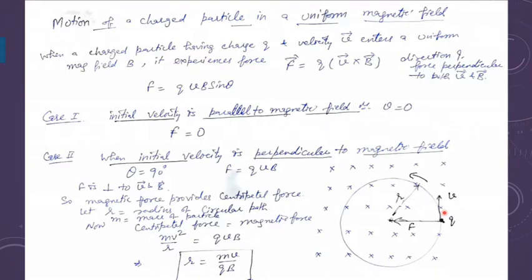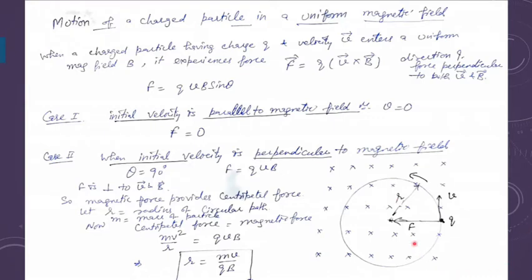So if you take the particle here and then it turns, again the force will come inward. The force will always be directed inward this way, and it is going to complete the circle like this. If the field is outward, shown by dots, then the force will be in the other direction, and the circle will be completed in that direction.